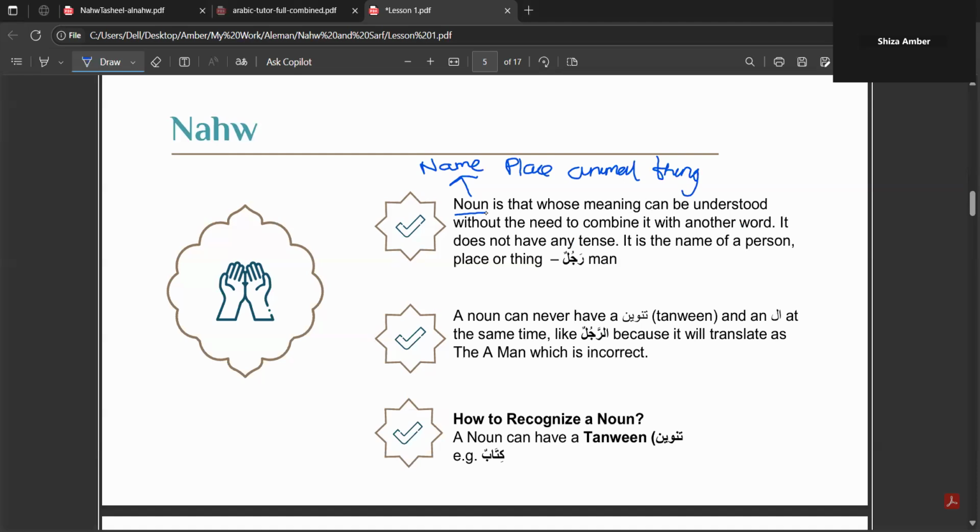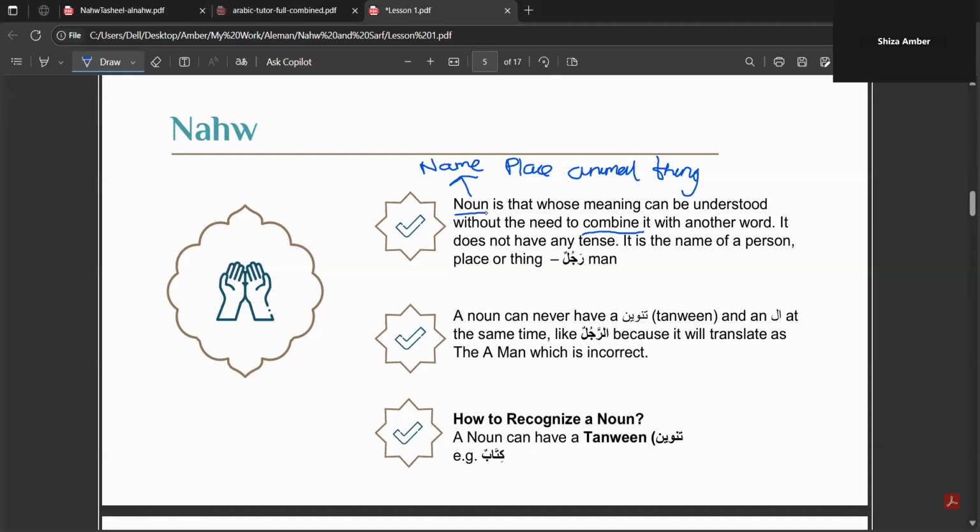Noun is that whose meaning can be understood without the need to combine it with another word. So usually nouns, are they mufridun or murakkabun? They're mufridun because you don't need to combine it. When you don't need to combine it, it's a mufridun, right? But if you are supposed to combine it with multiple words, that is a murakkabun.